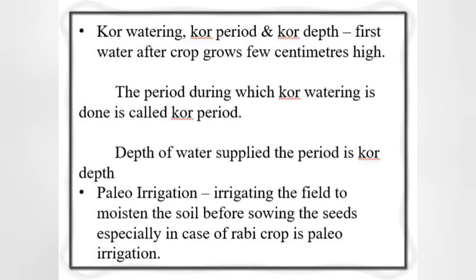Usually this is done for Rabi crops. And after complete saturation with water, there is no need for further watering. It can be done periodically or whenever it is required.